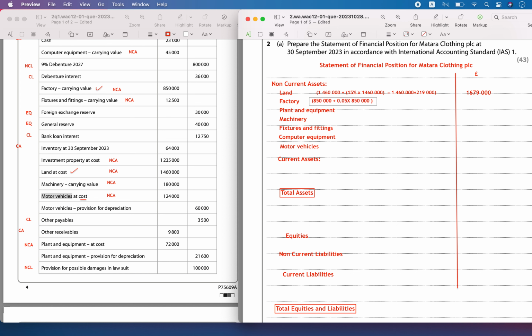So that value is going to be equal to 850,000 plus 42,500. So that is going to be equal to 892,500.